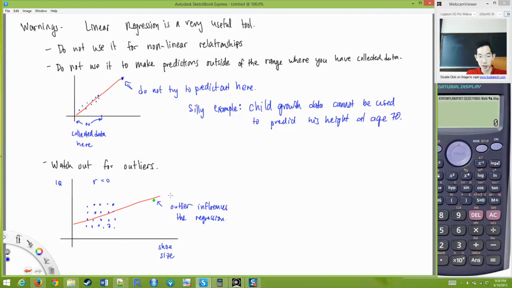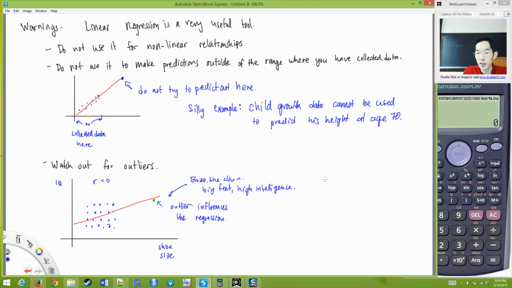This is Bozo the clown, big feet, high intelligence. Bet you didn't know he was really, really smart. With a name like Bozo, you wouldn't expect that. So now the regression would suddenly think, oh, larger shoes mean higher intelligence.